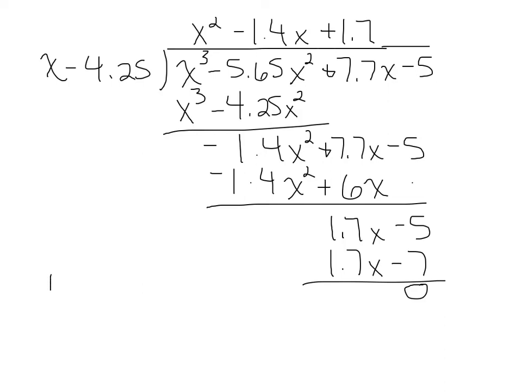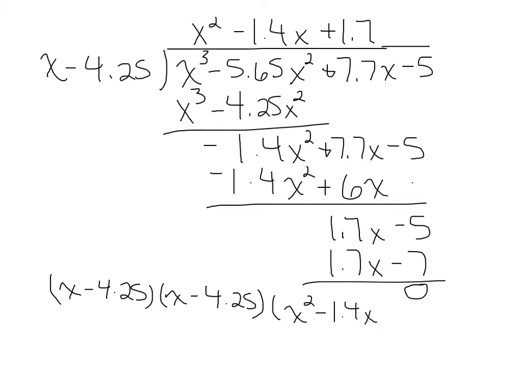And the factored form would be x minus 4 1/4 times x minus 4 1/4, because that occurs twice, times x squared minus 1.4x plus 1.7. Now I could do the quadratic formula to that quadratic to try to find my other two x-intercepts.